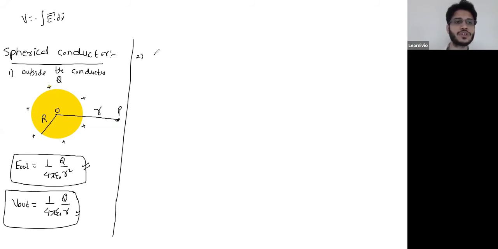Second, we need the surface of the conductor. Can you guess the value of electric field and potential on the surface? What will be the difference in the relation? If I'm taking a point on the surface, can you guess the expression of electric field and potential?